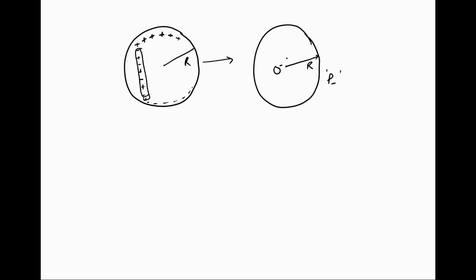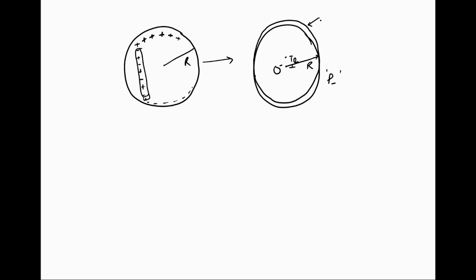Now we will take another sphere of the same radius, but its center will be shifted by a length L. The sphere with the shifted center will superimpose on the first sphere, and we will have a charge density like this.